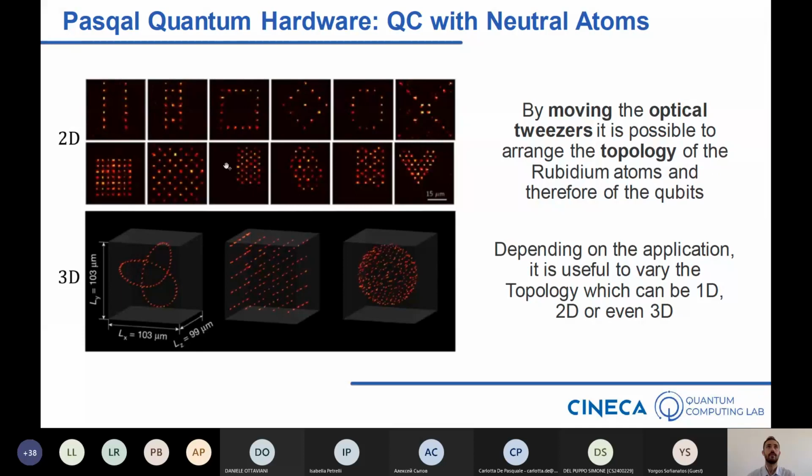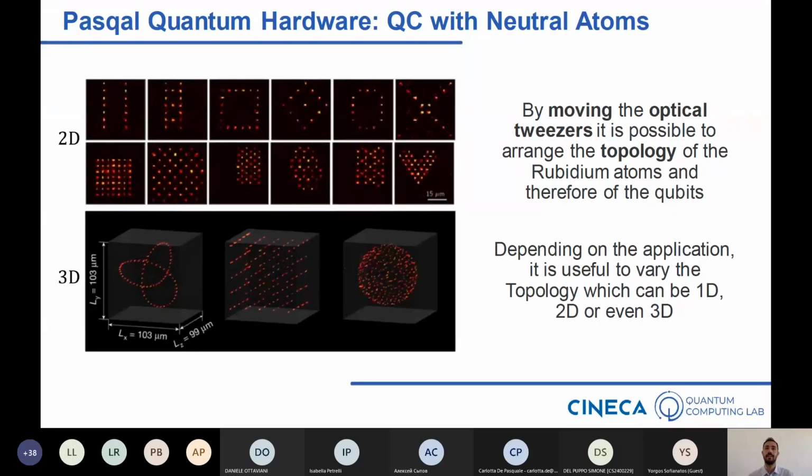You can arrange them in every way you want in 2D right now. But they're also working on expanding the topology to 3D. This is going to be available probably in a couple of years in Pasqal devices.